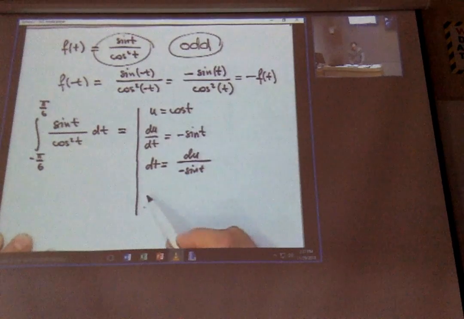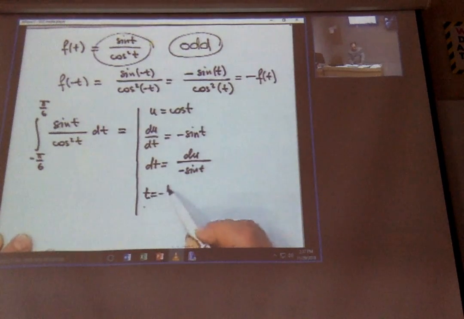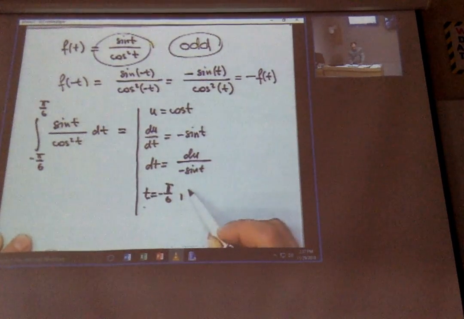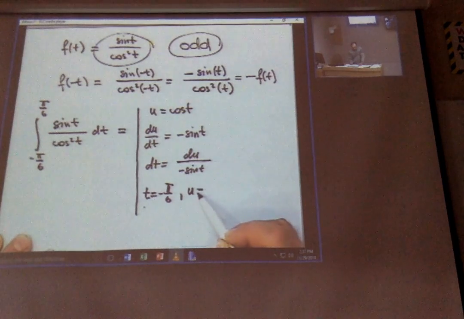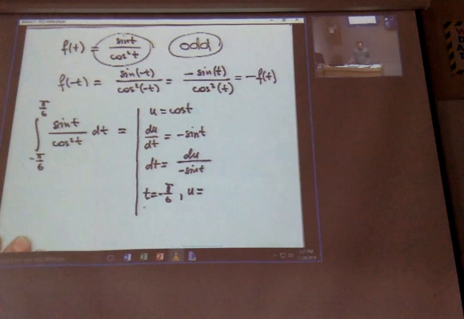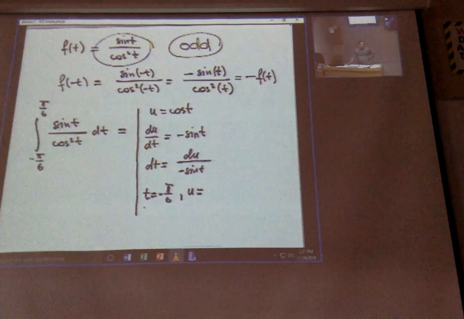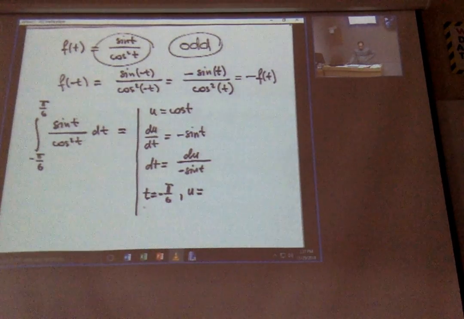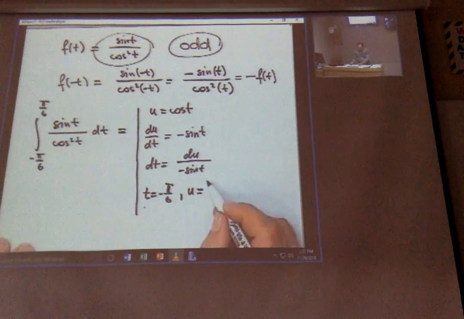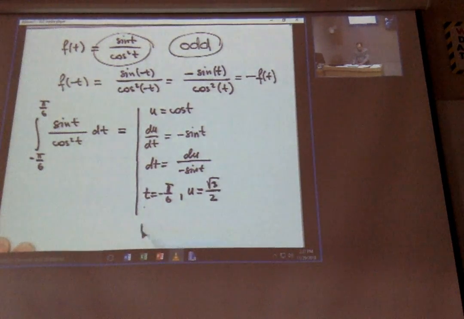So if t is negative pi over 6, what will be our u? Square root 3 over 2, good. And what will be if you put pi over 6?